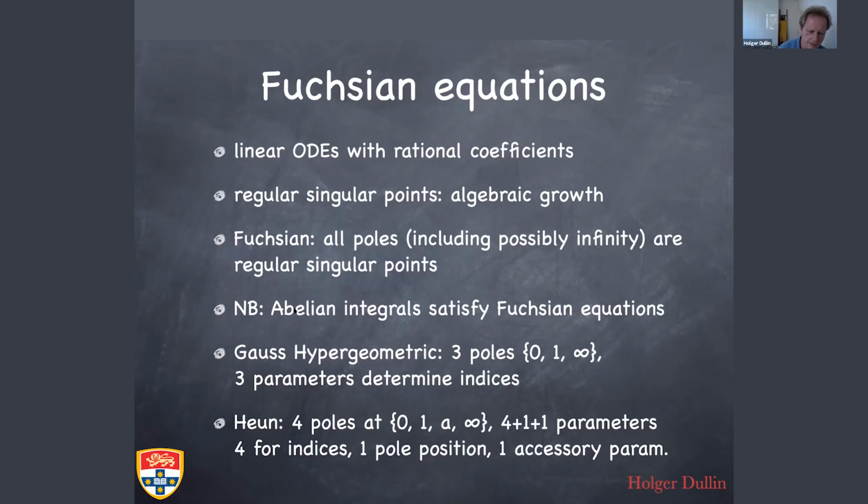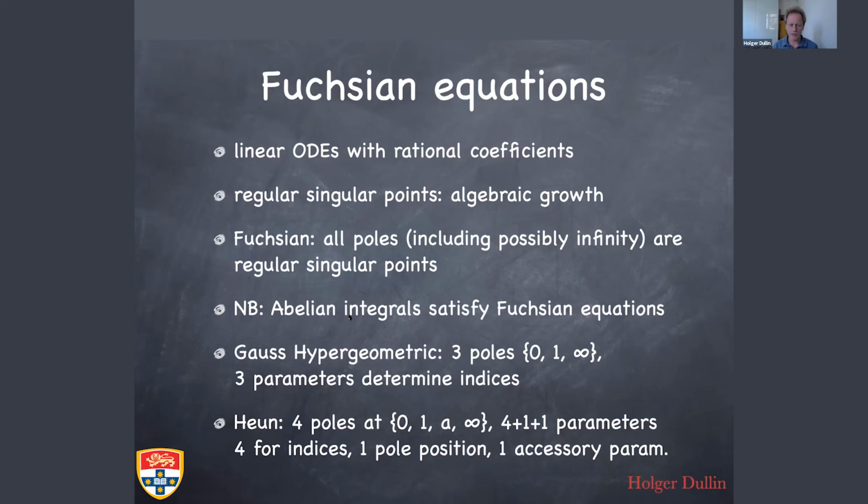Actually, this is just a historical remark: when Lazarus Fuchs studied these, he was actually interested in abelian integrals because it was observed that abelian integrals have this property. So Fuchsian equations historically come from looking at abelian integrals. And that's interesting in this case because those are the action variables, right?